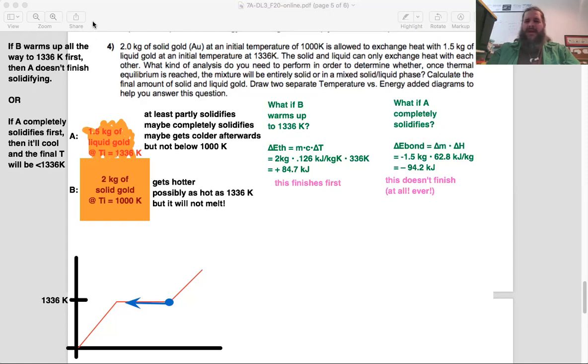And now that we know that this is enough to reach thermal equilibrium, we can now actually set up the conservation of energy equation. Since the thermal energy of object B and the bond energy of object A are the only things that are changing. So let's set that up. We know delta E total has to equal, is this a closed system?